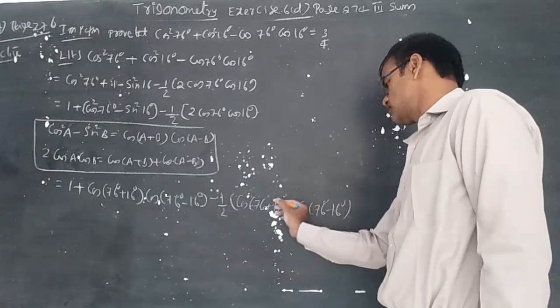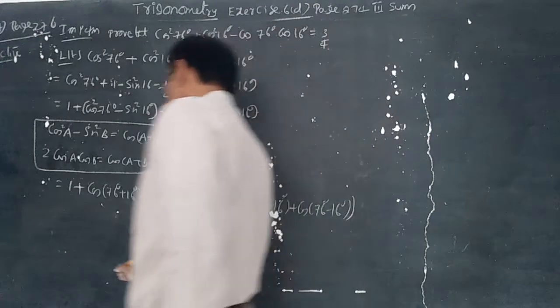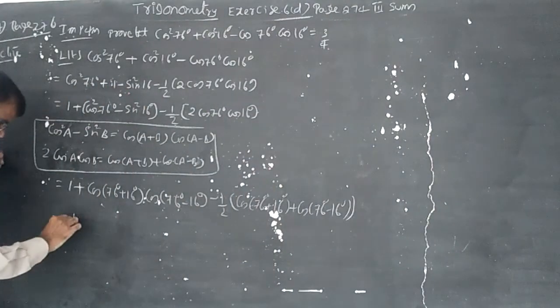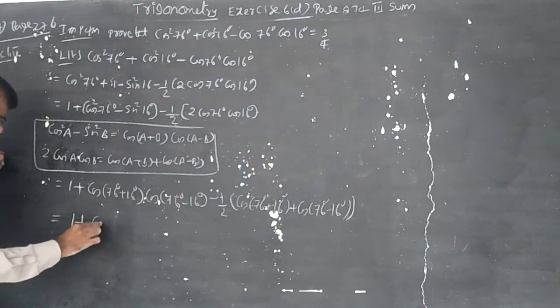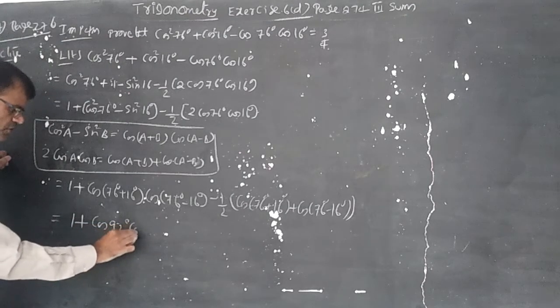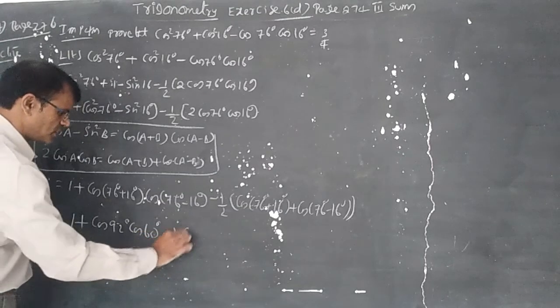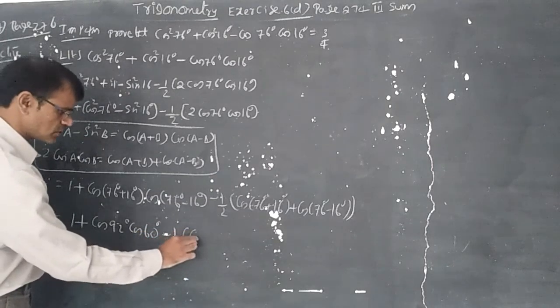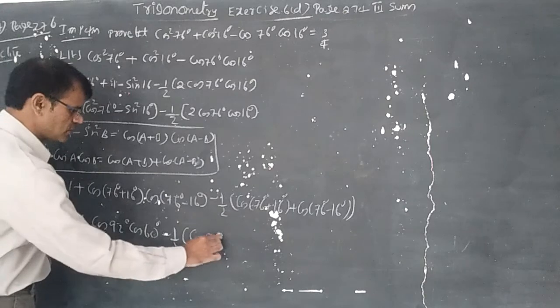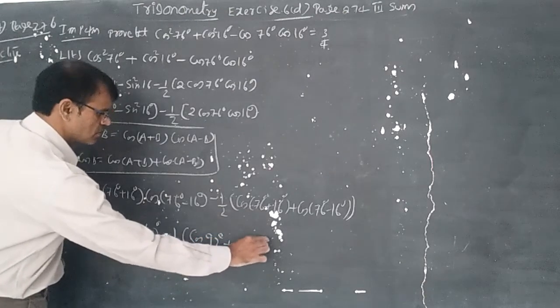That equals 1 plus cos 92 degrees into cos 60 degrees, minus 1 by 2 into cos 92 degrees plus cos 60 degrees.